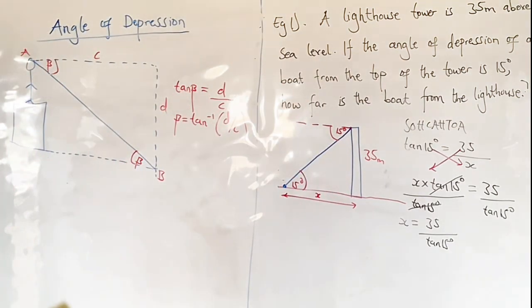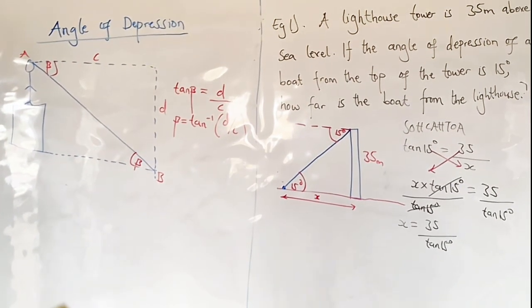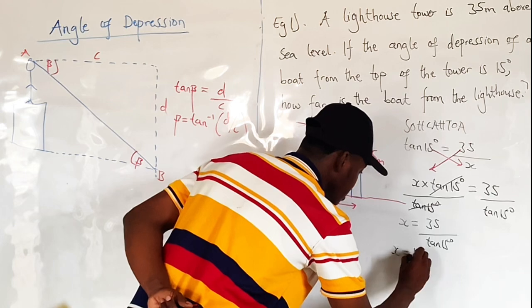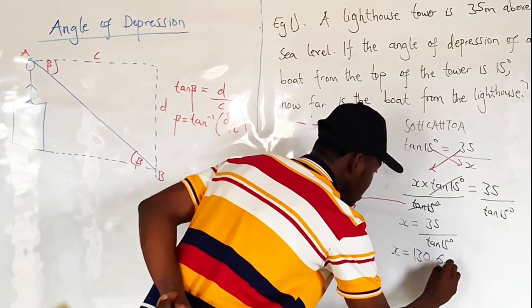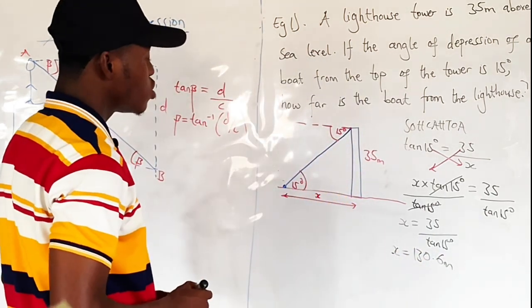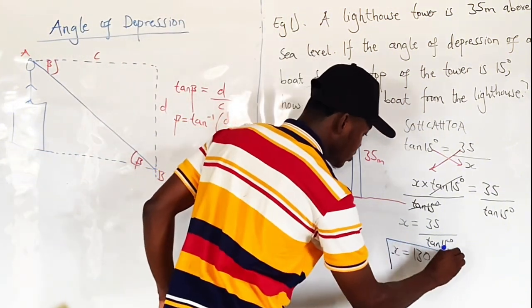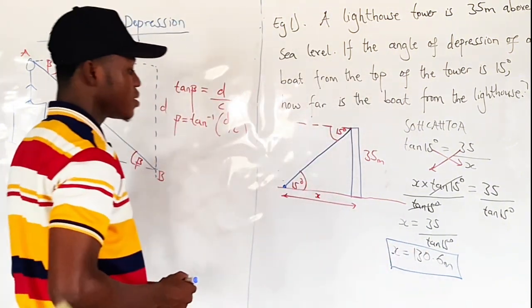From the calculator, 35 over tan 15 will give you a value of 130.6 meters. So x is equal to 130.6 meters. The boat is 130.6 meters from the lighthouse.